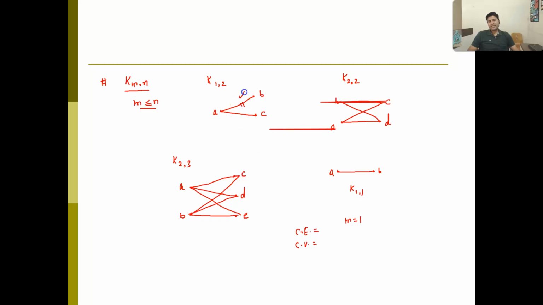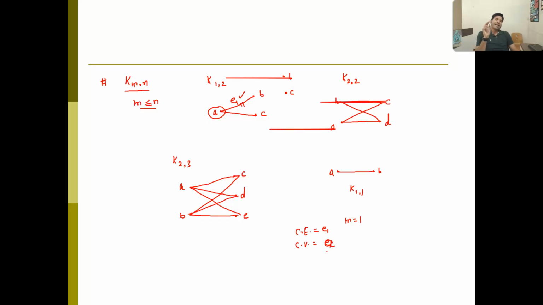If I remove this edge, this part B will become disconnected. If I give the name A, then A is the cut vertex. This is the cut edge, and we are removing the edge. On the same side, if I remove this vertex A, the leftover part is B, C, which looks disconnected. So we can call A the cut vertex of K12.